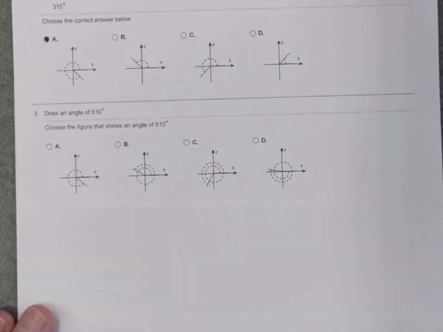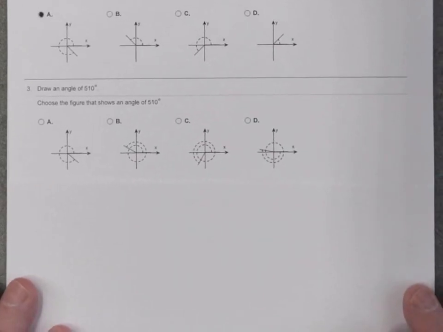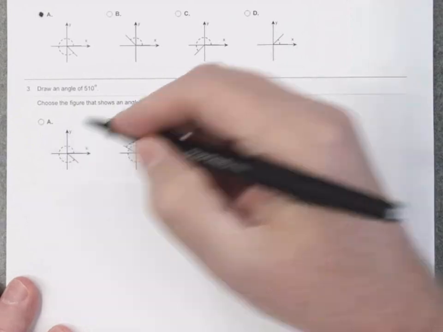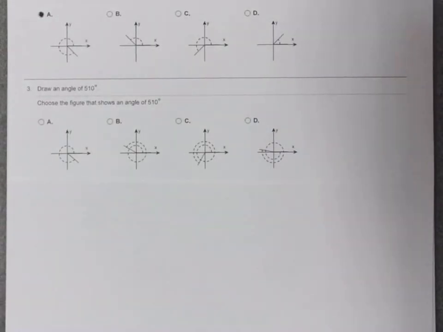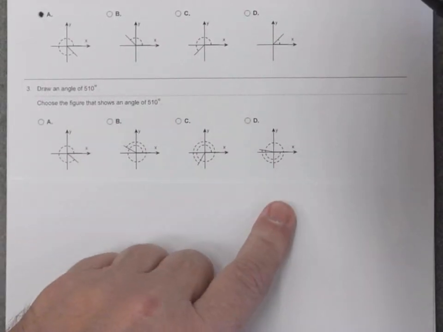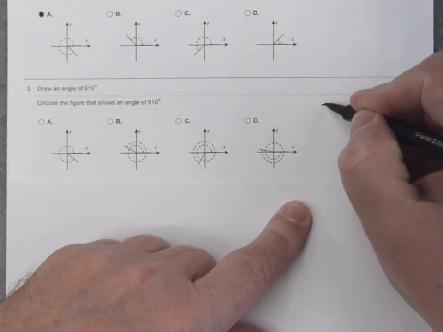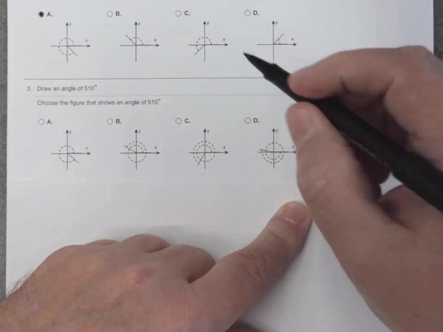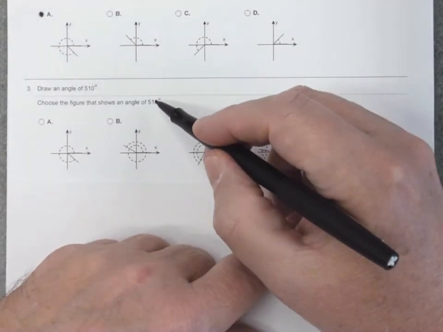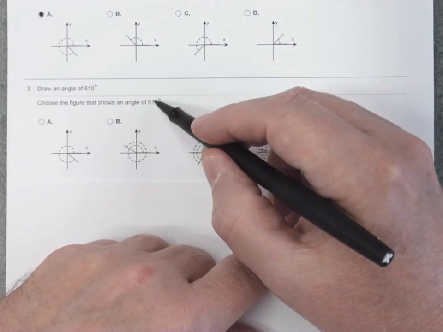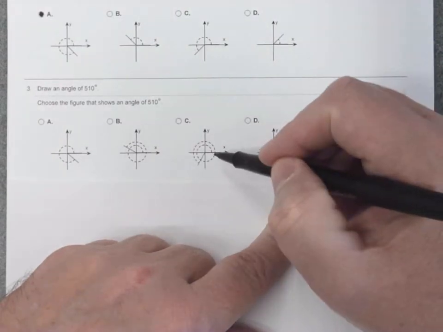All right, 510 degrees, a little trickier because we know all the way around the circle is 360 degrees, and we're at 510. So really what we have to find is what we call a coterminal angle. We want to find an angle that starts and stops at the same place as 510 degrees, but is within the unit circle.